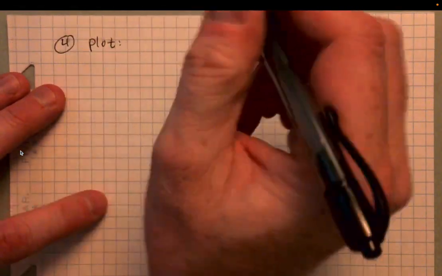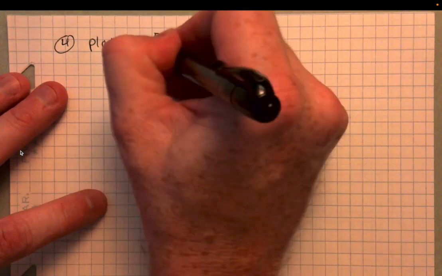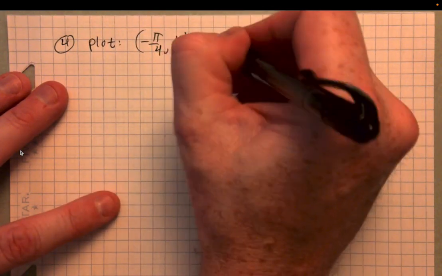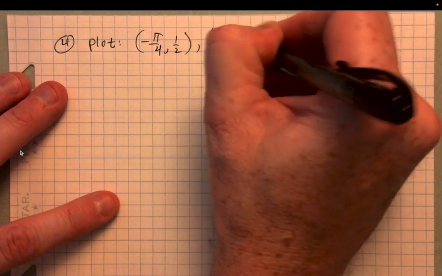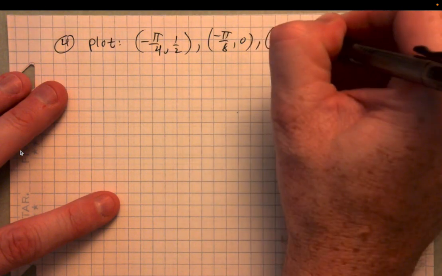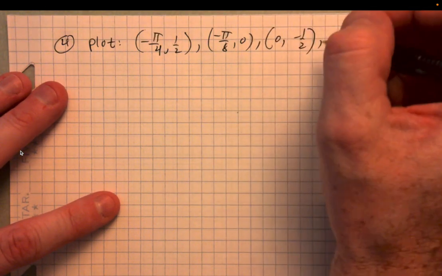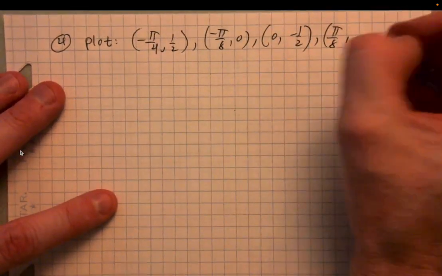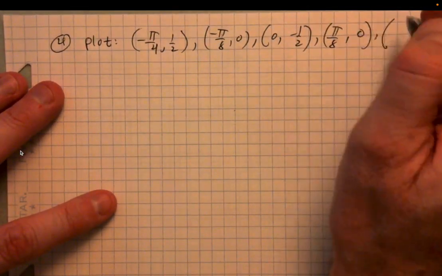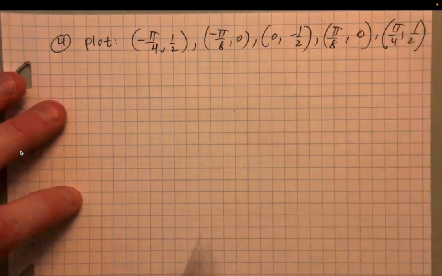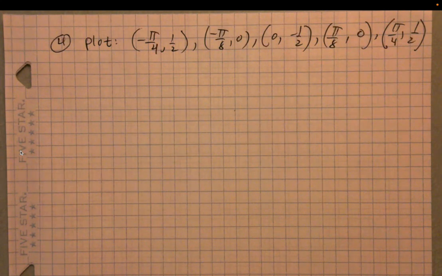So we need to plot negative pi over 4, comma 1/2, and negative pi over 8, comma 0, and 0, comma negative 1/2, and pi over 8, comma 0, and then the last point is pi over 4, comma 1/2. Okay, so let's plot all of these points and see what it looks like.